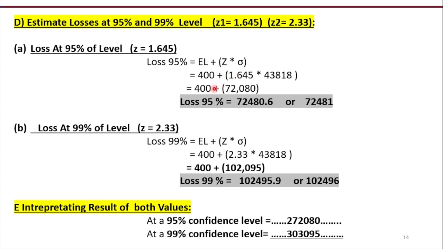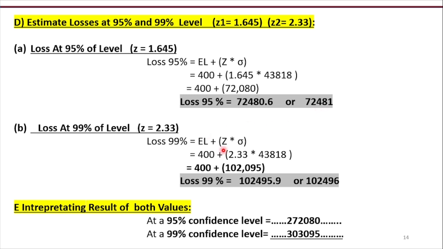Putting the values: Z is 1.645, multiplied by the sigma value, which is the standard deviation we found in step number 3, or step C. We perform the calculation: first multiply, then add the 400. At 95%, we got the answer 72,480.6, or if we round it off, 72,481.